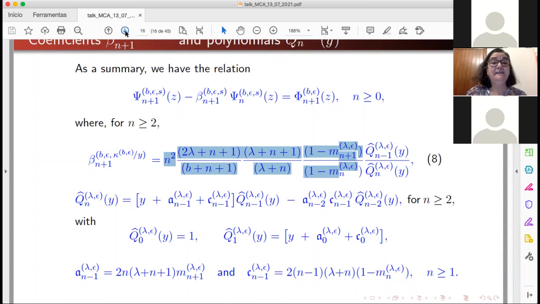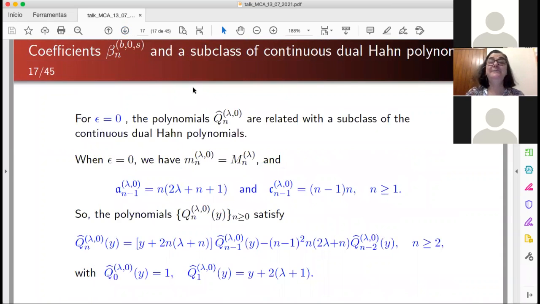And finally, now we can make the connection with continuous dual Hahn polynomials. But we managed to do this connection just for epsilon equals 0.